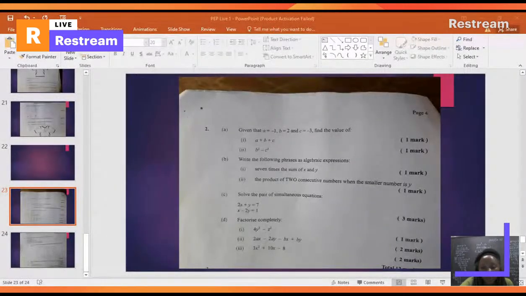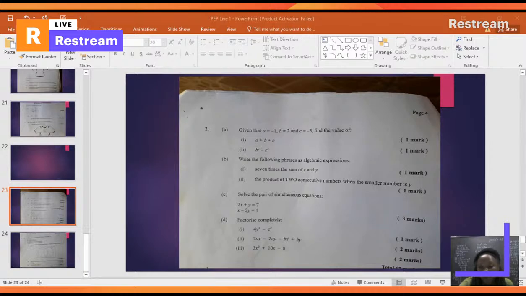The product of two consecutive numbers when the smaller one is y. If numbers are consecutive counting numbers, so if the first one is y, then the other one is y plus 1 because they're consecutive, one after the other, right?